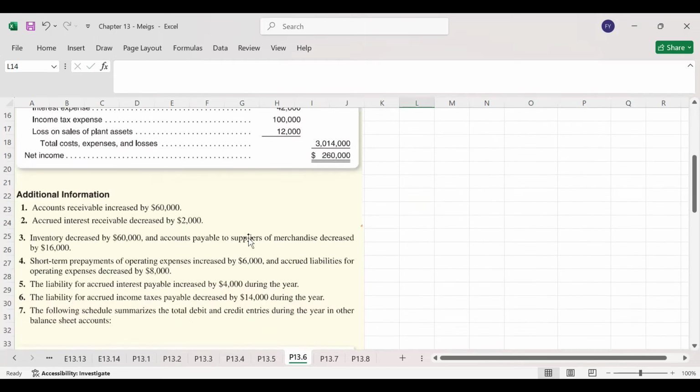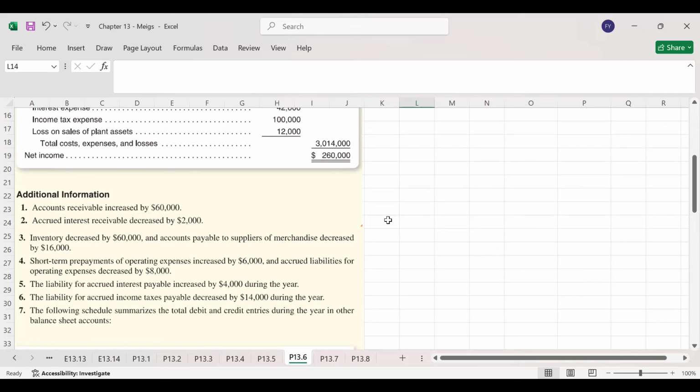You can see that inventory is decreased by $60,000. If there's any decrease in inventory, it means that the company has sold more goods than it purchased during the period. So in order to calculate the cash paid for inventory, we simply deduct the decrease in inventory, because it reduces the need for additional cash purchases.